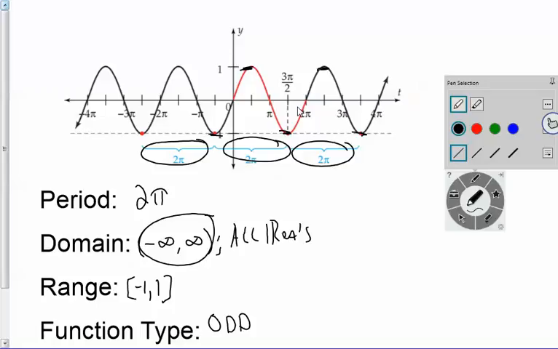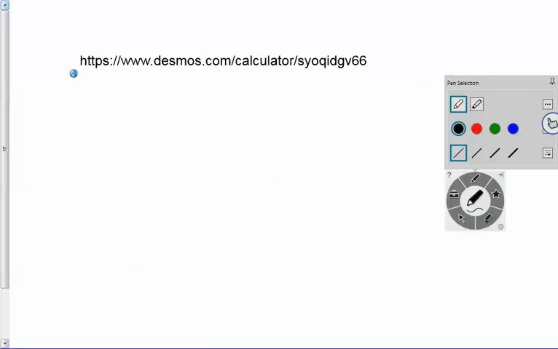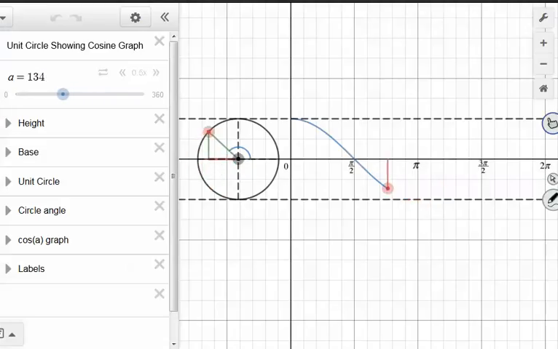All right, so let's take a look at the cosine. Looking at the cosine, take a look at what's happening here. It looks like the same exact thing is happening, except notice where it starts from and where it's going.